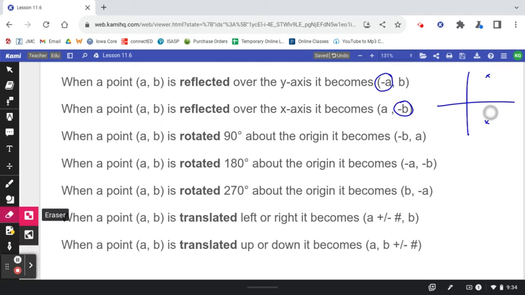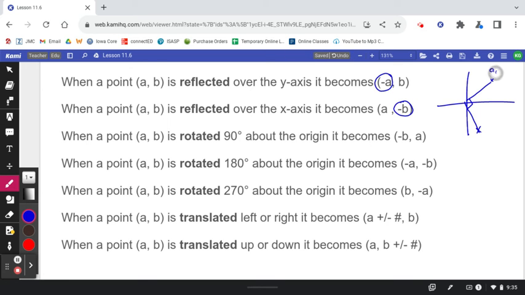The next one we're going to talk about is rotating a point 90 degrees about the origin. So what we're going to do is switch the coordinates and change the y coordinate to a negative. So basically I'm taking a point from here. This is not going to be a good 90 degrees, but that should be 90 degrees, and moving it down here.